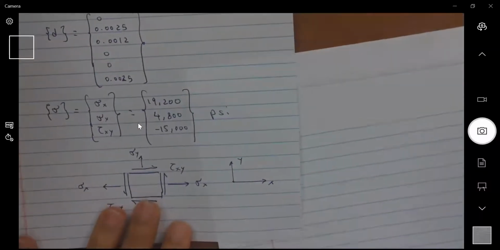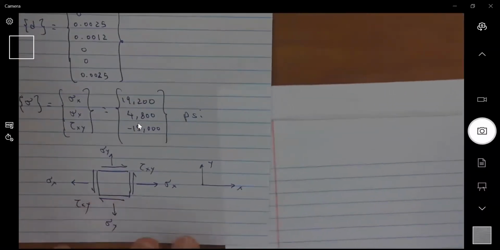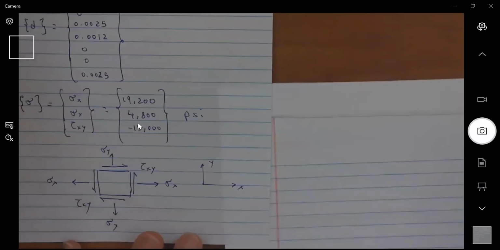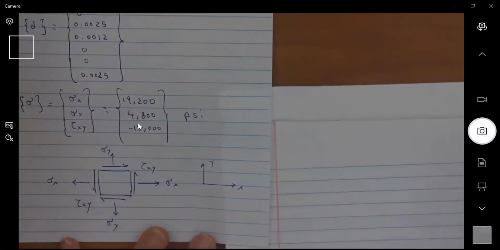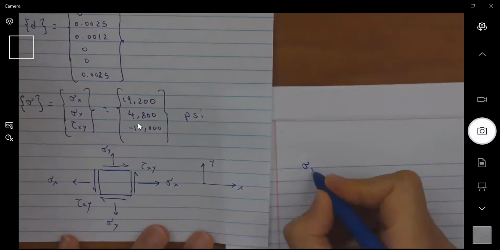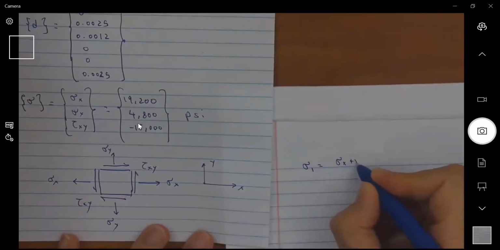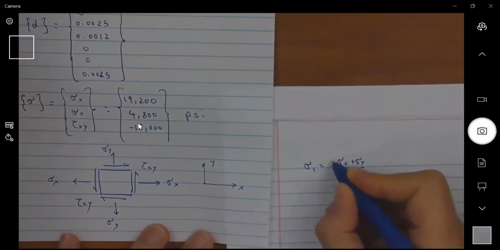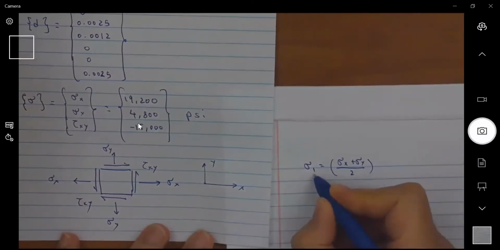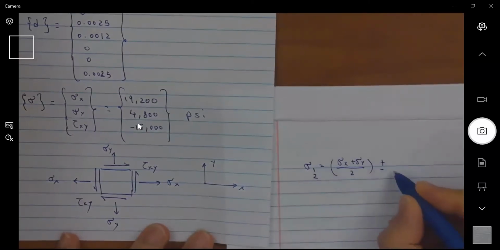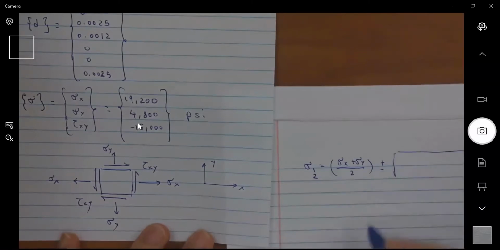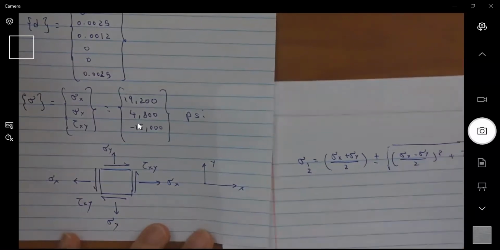In order to find the principal stresses, I can use the principal stress equations we learned in solid mechanics. So sigma 1, 2 is equal to sigma x plus sigma y over 2, plus or minus the square root of sigma x minus sigma y over 2 squared plus tau xy squared.